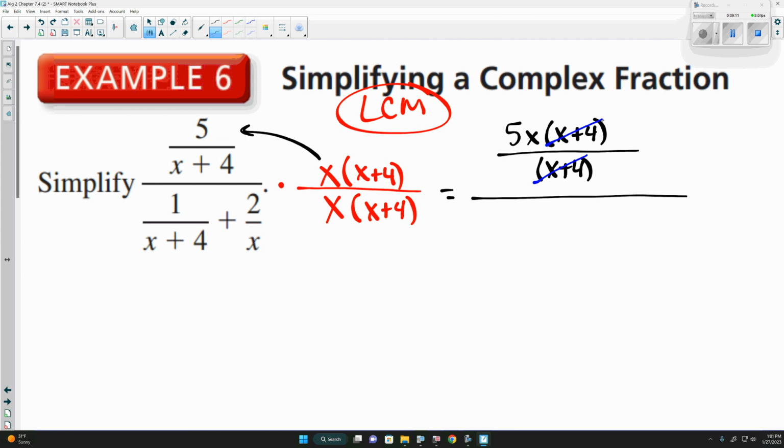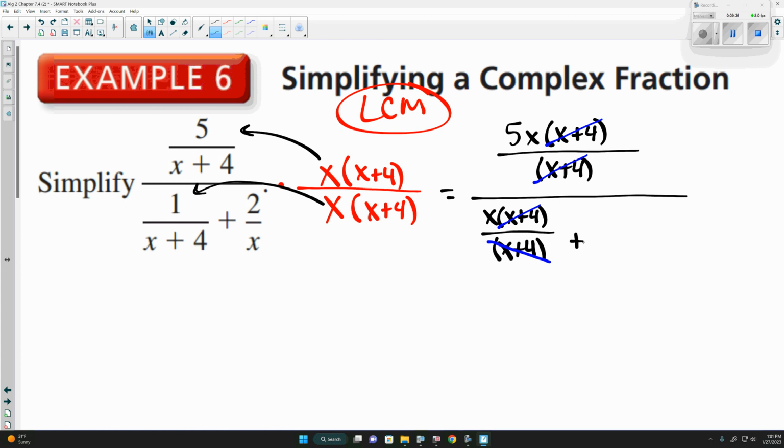We can do the same thing with the denominators, because we can do x times x plus 4 times 1, which is just x times x plus 4. And this is all over x plus 4. Well, we know that the x plus 4 and x plus 4 will cancel out.